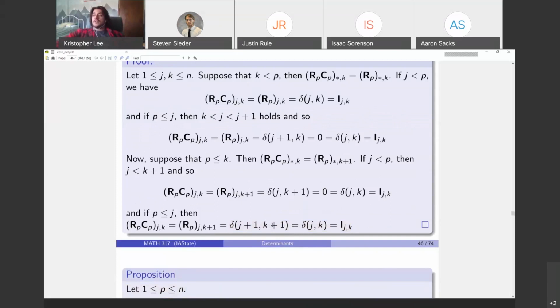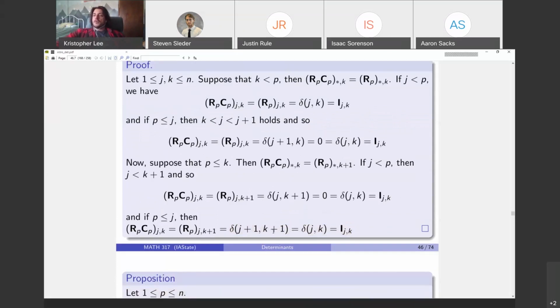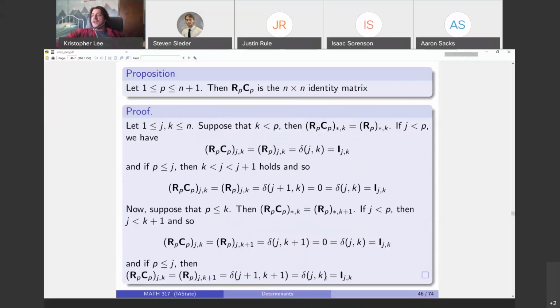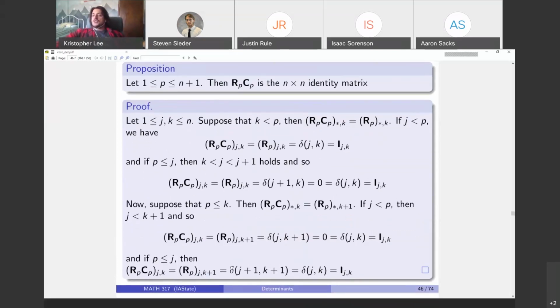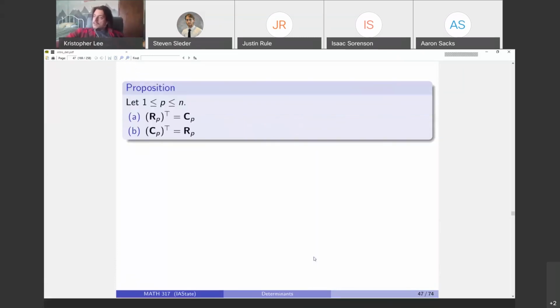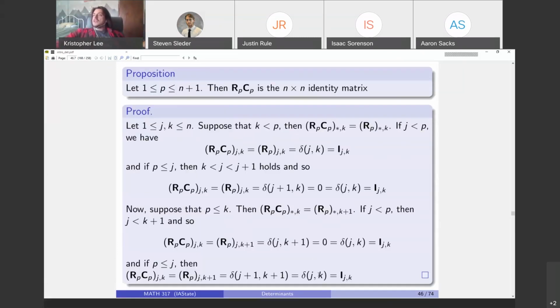If these numbers are different, then j and k have to be different, because if j and k were equal, then these numbers were equal. And likewise, if j and k are equal, then these numbers are equal. So this is actually a fact of the Kronecker delta that gets used: if you shift the inputs by the same number, then the value doesn't change. Right, and there we go, we get the identity matrix there. So that completes the proof.